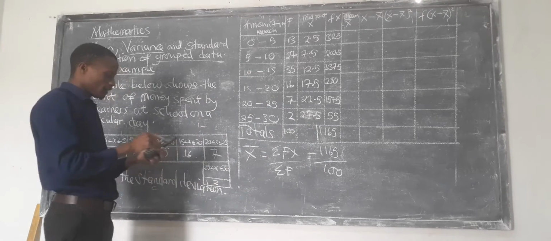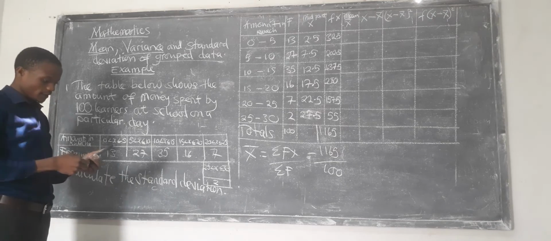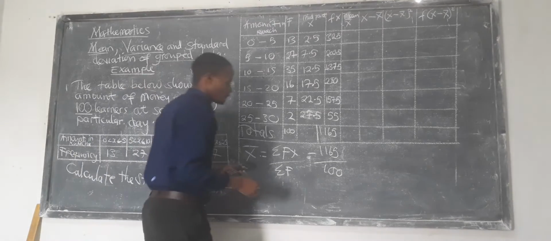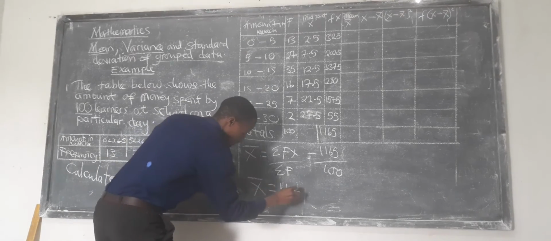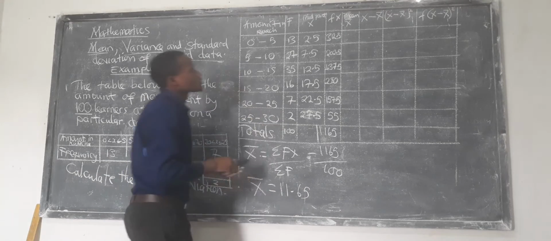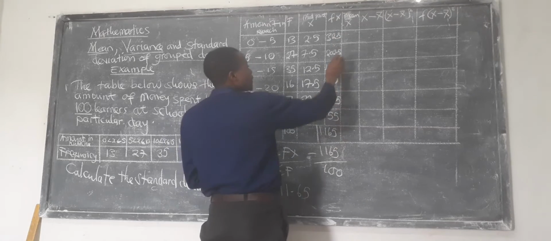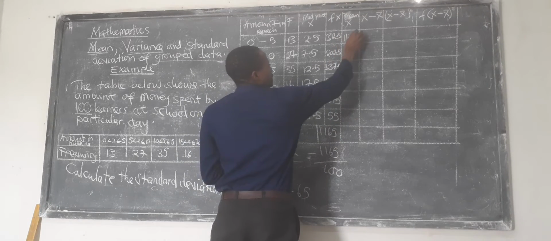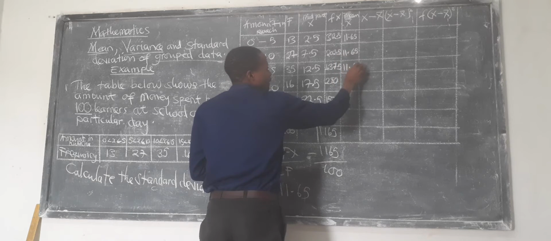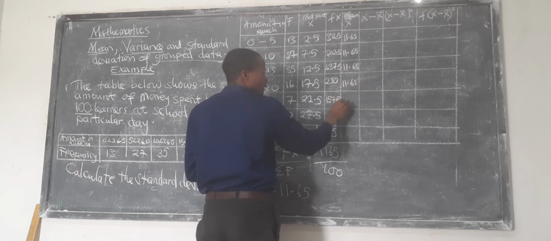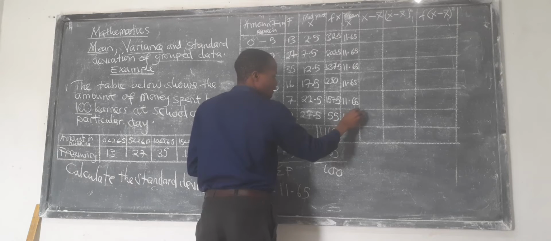Then you divide 1,165 by 100, which gives 11.65. So the mean is 11.65. You have to write the mean throughout. The mean is the same at all points, so we have 11.65 everywhere.